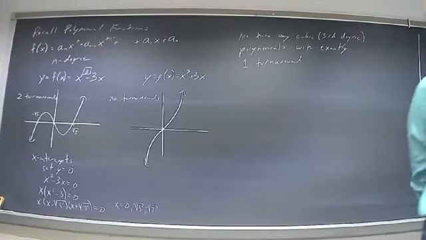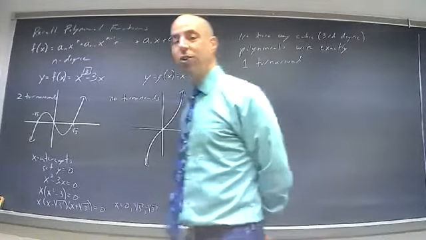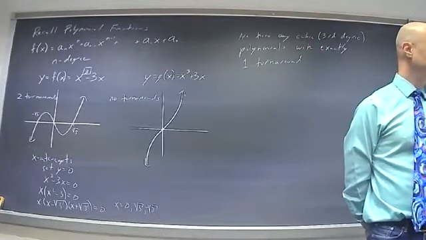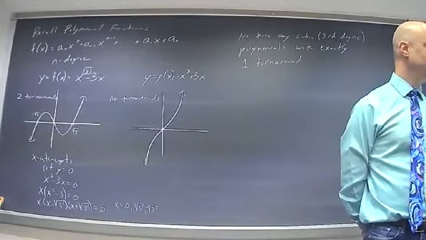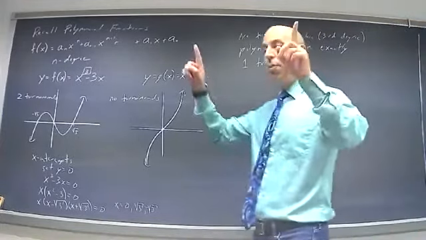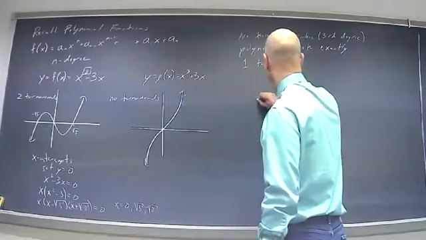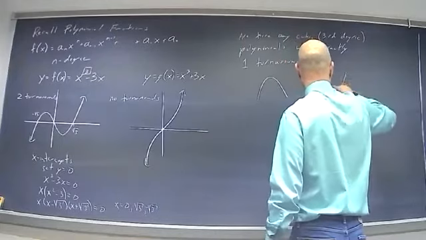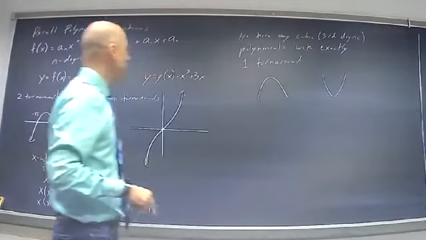If there's one with exactly one turnaround, what would you be able to tell me about the ends of the function? They'd be facing in the same direction. Yeah, they either both go up or both go down. If I had one turnaround like that, or one turnaround like that, either both ends would go up or both ends would go down.